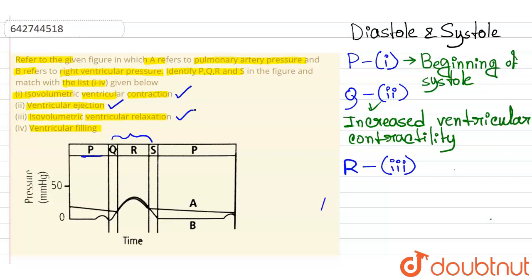This marks the beginning of diastole. The ventricles generate negative pressure without changing their volume, so that the ventricular pressure becomes lower than the arterial pressure. So this marks the beginning of diastole.